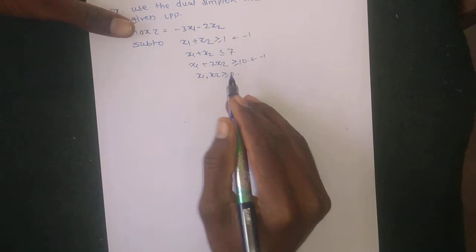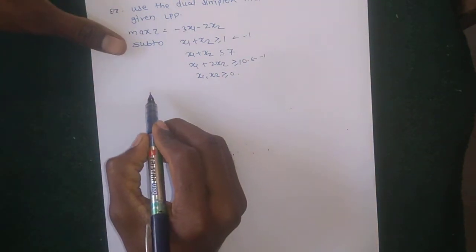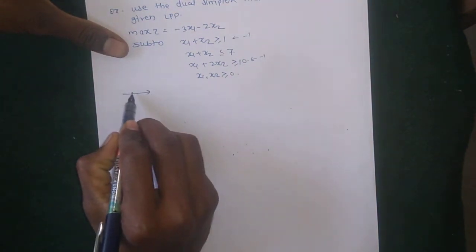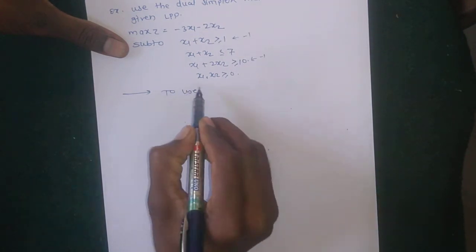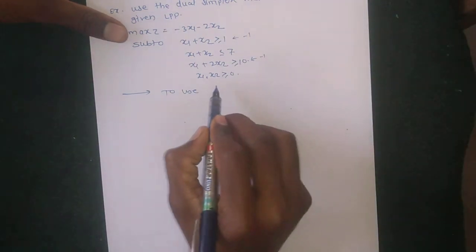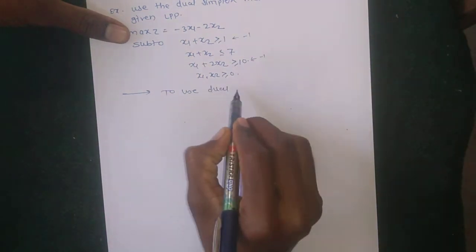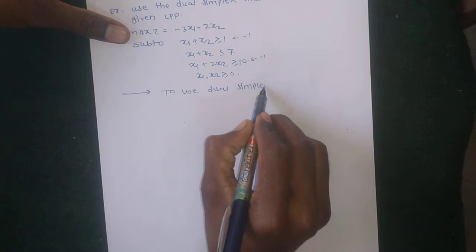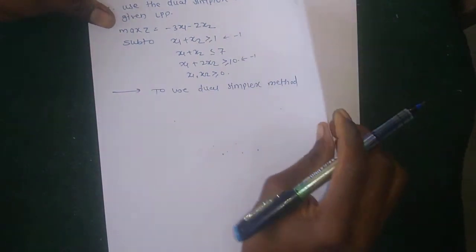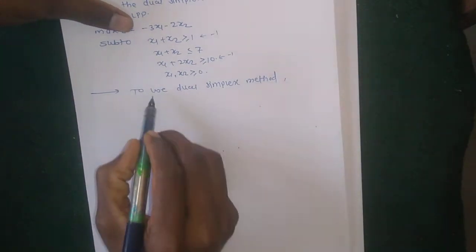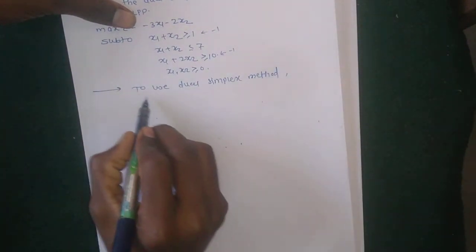Therefore, firstly write the given LPP in canonical form. The solution is to use the dual simplex method. To use the dual simplex method, the given LPP must be in canonical form.